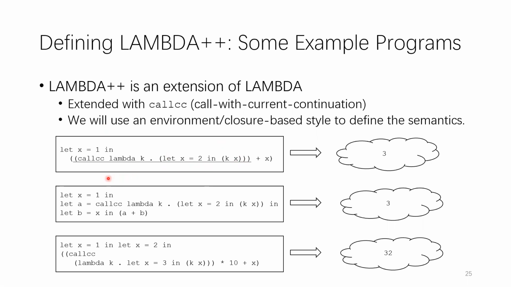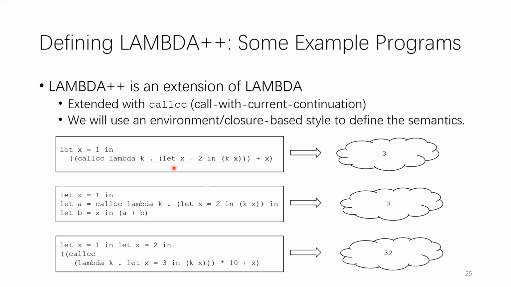Note that I've underscored the scope of the callcc. The continuation of this callcc expression is something +1, because the value of x is 1 by the let construct. Let's remember that. Then by evaluating the callcc, we apply this inner lambda function to the current continuation, which is something +1.